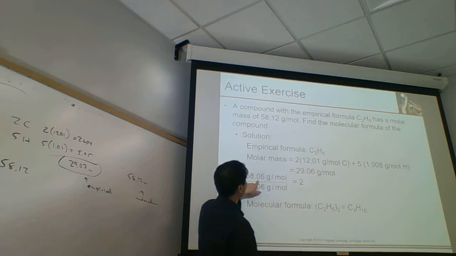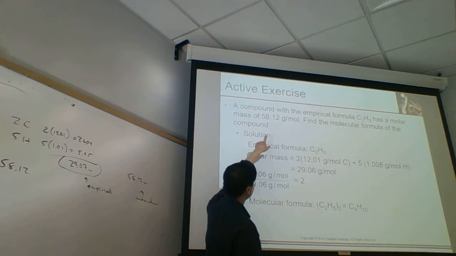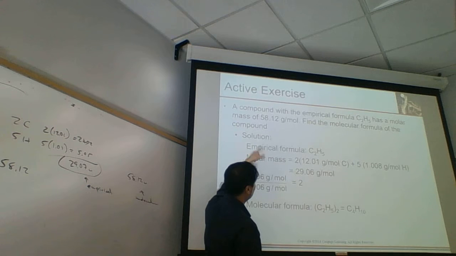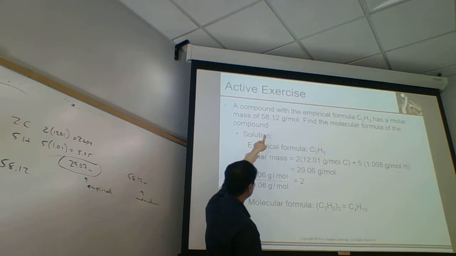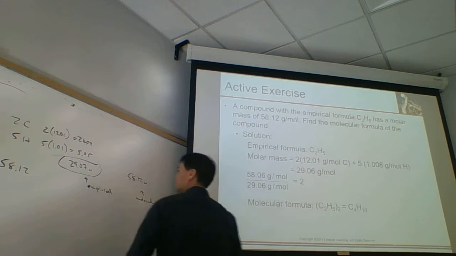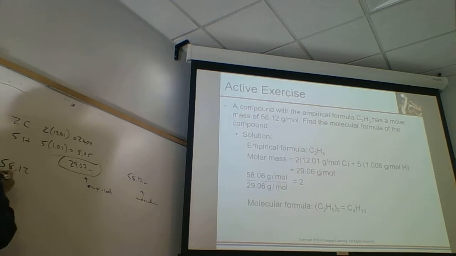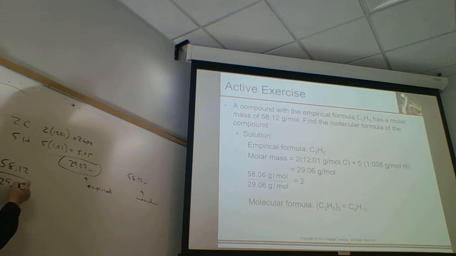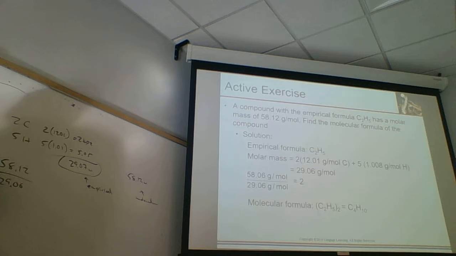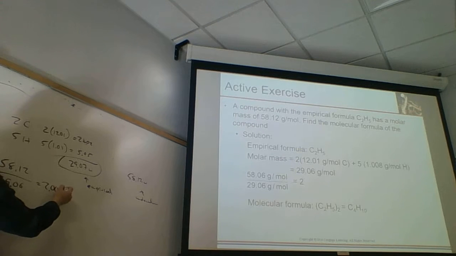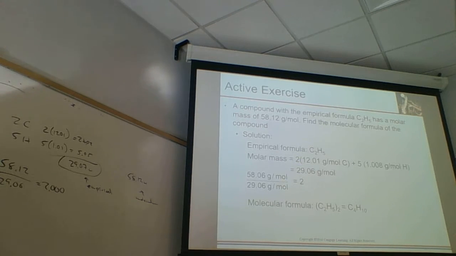This should be 58.12 because that's what was given. So either that one's wrong or this one's wrong. I don't know which one's wrong, so I'll just take that one as correct. This one's wrong. 58.12 divided by 29.06. That's perfect. It doesn't always come out this clean. This is 2.000. Usually it comes out to like 2.01 or 1.99 or something like that. But that's too perfect.